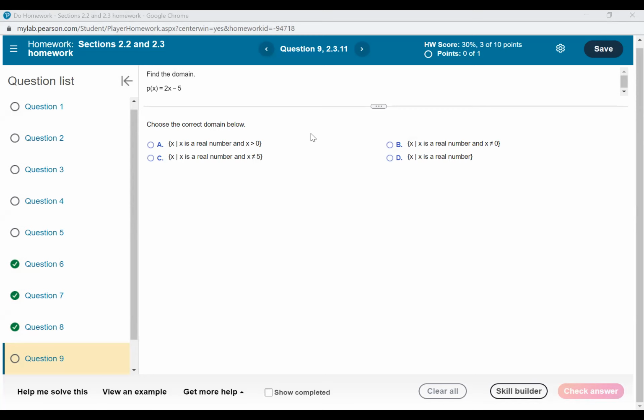We got P of x equals 2x minus 5. Do we have a fraction? No. So we do not have a fraction. So remember what we said a while ago: the domain of a function is all real numbers unless we have a fraction.